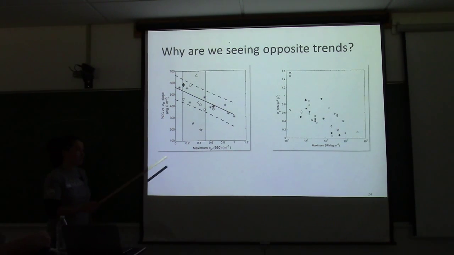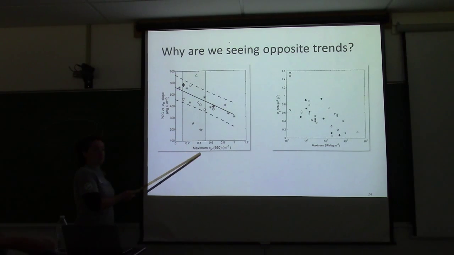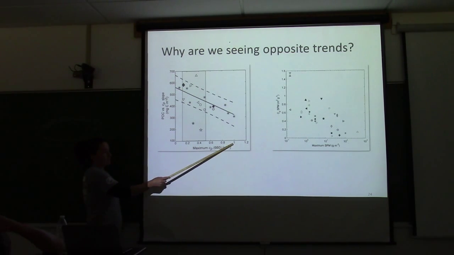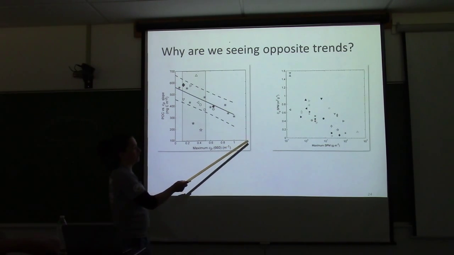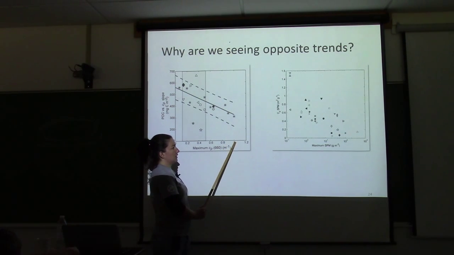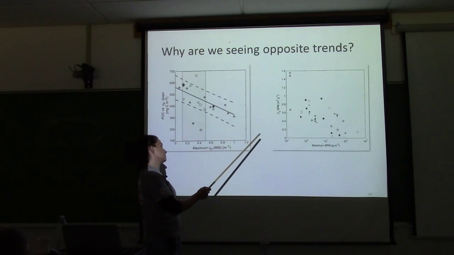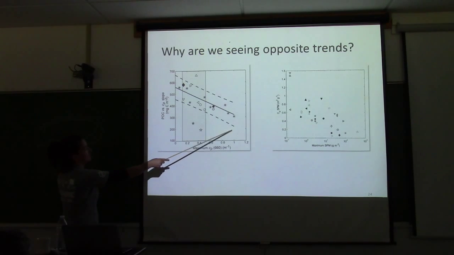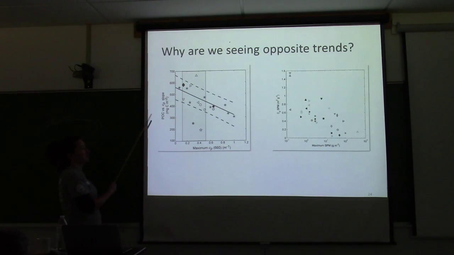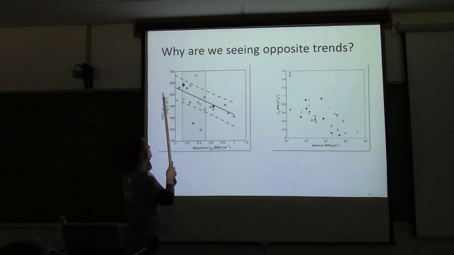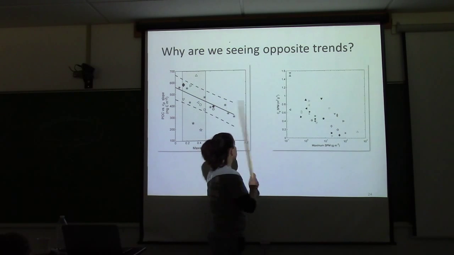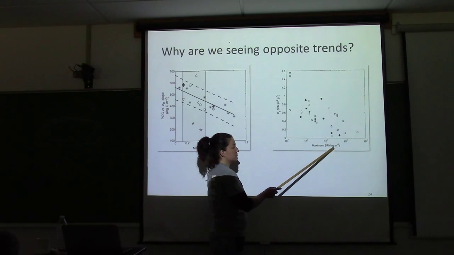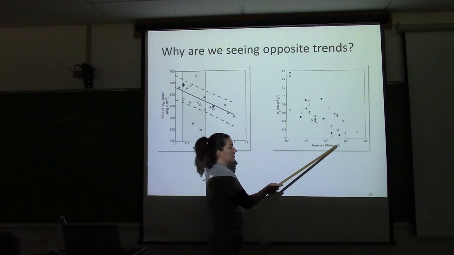To help you think, this is all happening mostly in the open ocean. So CP of 1 gives you 300 micrograms of carbon per meter cubed. And this is maximum SPM in grams per meter cubed, 10 to the second grams, 10 to the third.